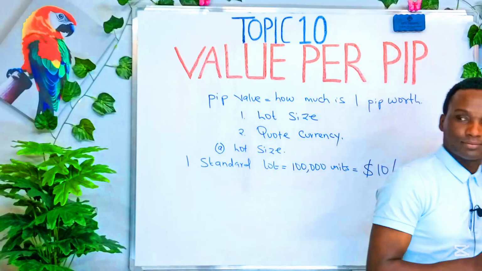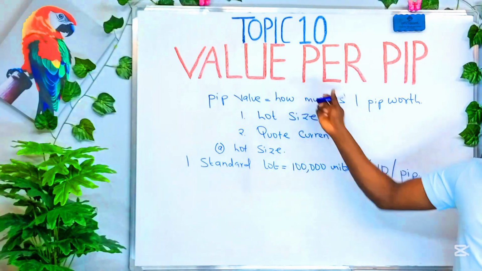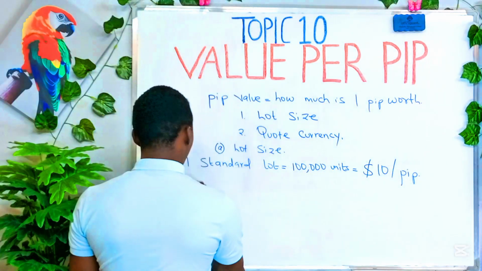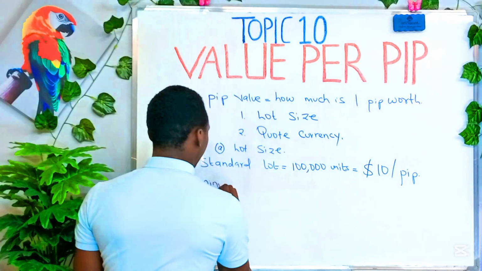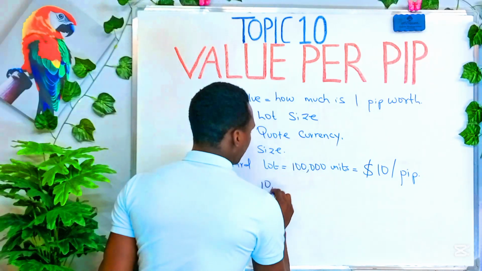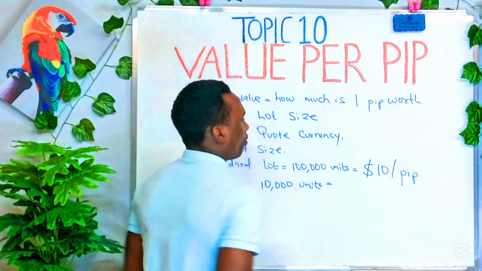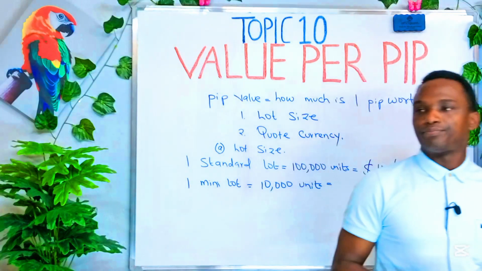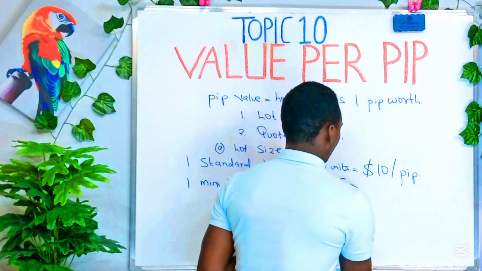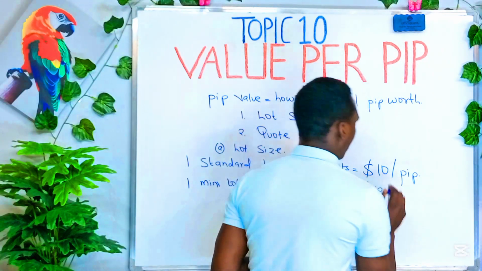This is how the lot size affects value per pip. What about the mini lot? One mini lot equals how many units? 10,000 units. What is the value per pip? $1 per pip.